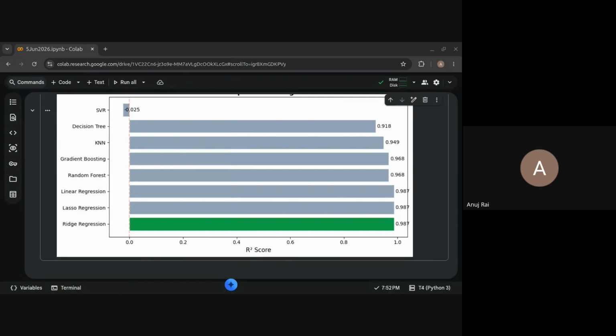Or if you are doing a credit card transaction, that particular transaction can be classified as a fraud. So basically when you want to put your data point into a set of predefined categories, that kind of algorithm is called classification.